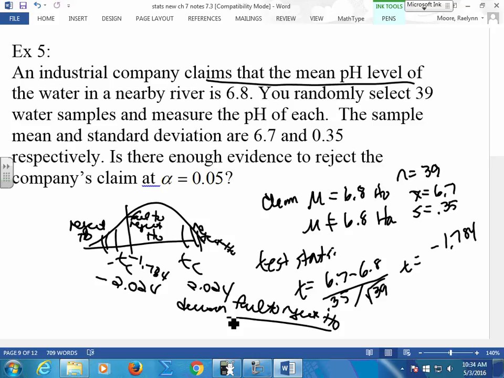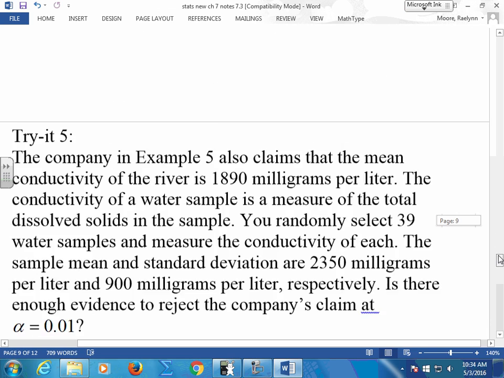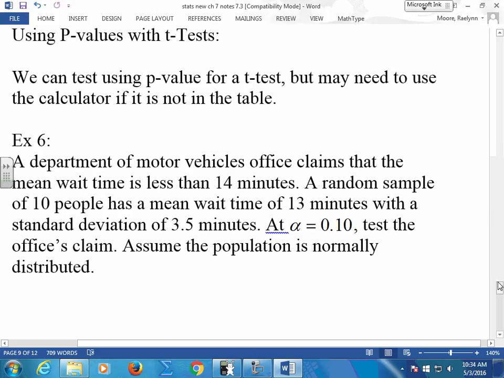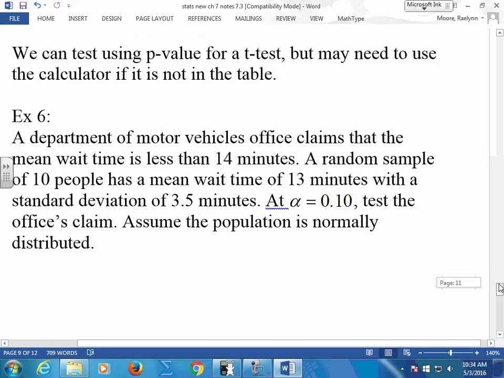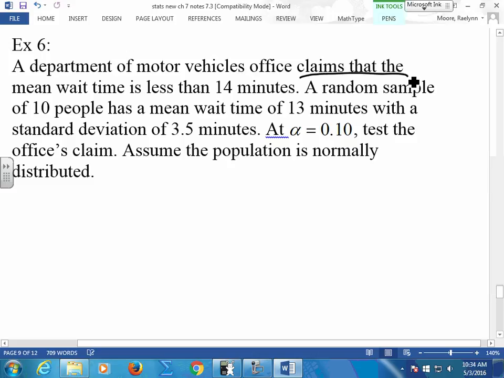Okay, so let's cut over to example 6, and we're going to use your calculator for a p-value test. A Department of Motor Vehicle office claims that the mean wait time is less than 14 minutes.